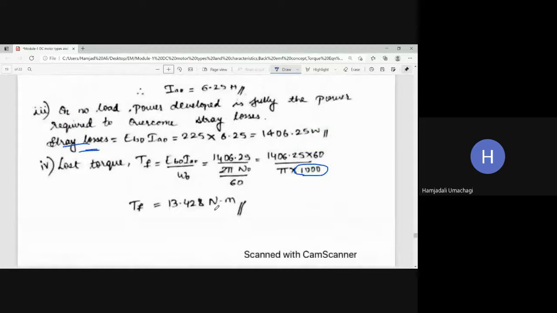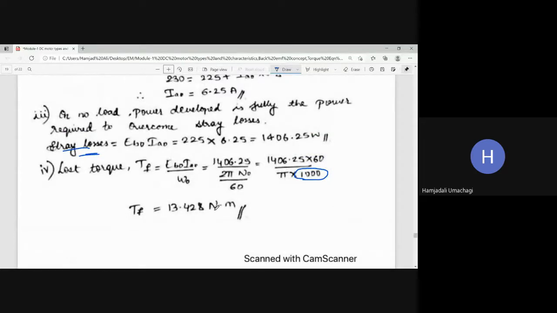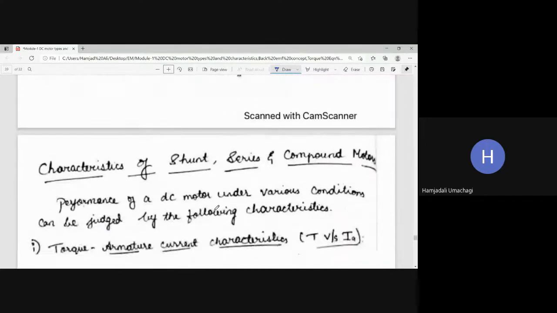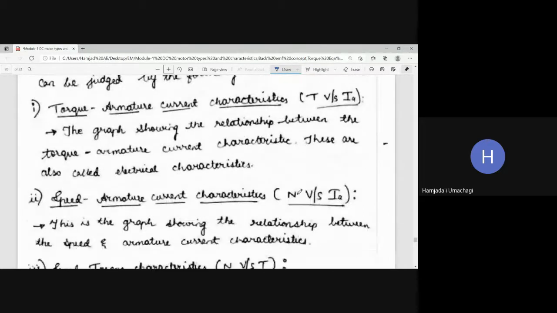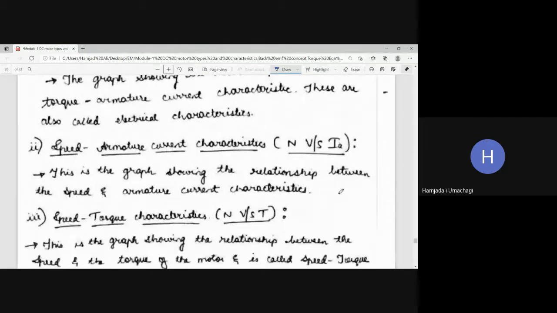Now, what I have planned for the next class is to explain the characteristics of DC series, DC shunt, and DC compound motors. To study the performance of the motor, you need to study three characteristics. The first is torque versus IA, the second is speed versus armature current, and the third is speed versus torque.